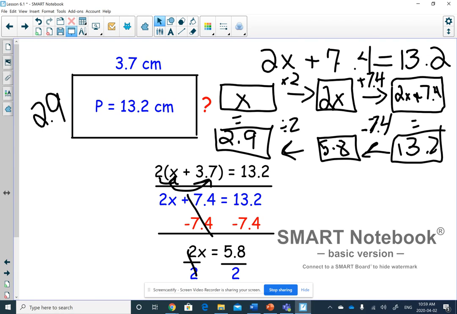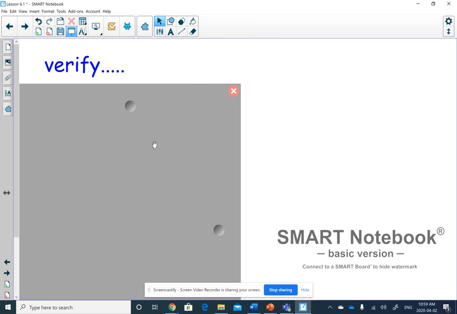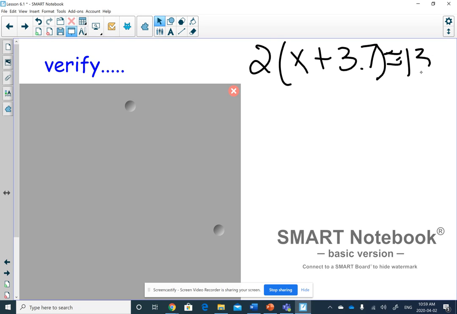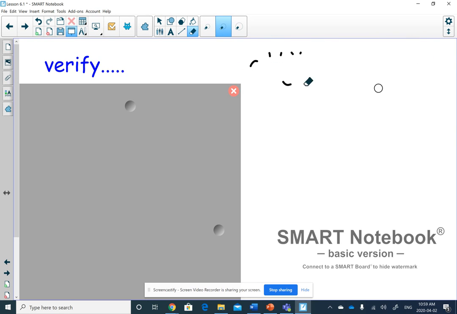So now we're going to verify our answer, all right? So if I go back to my original equation, which was 2x plus 3.7 equals 13.2, I'm just going to write that better so you guys can see it here.